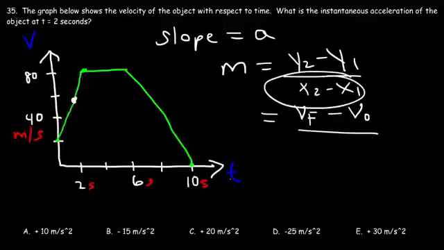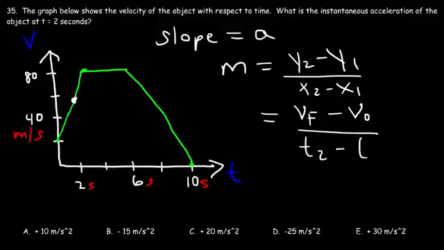And the x values represent time values. So x2 minus x1 is really t2 minus t1, which we can replace with the change in time. Now the change in velocity divided by the change in time is acceleration. So all we need to do is find the slope of this line, and that will give us the acceleration.